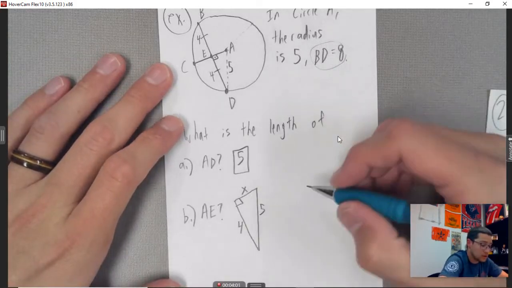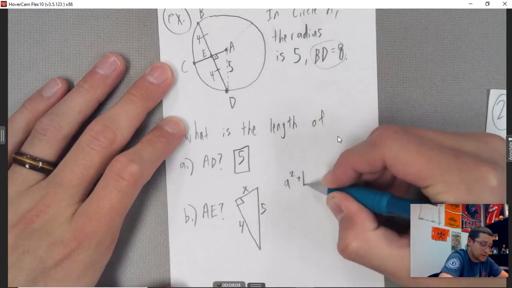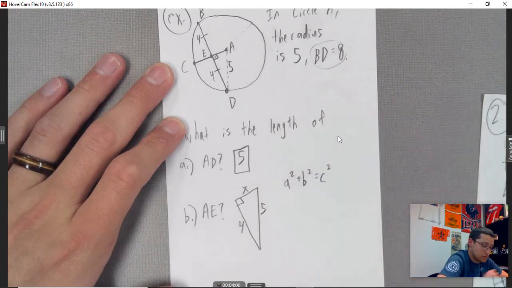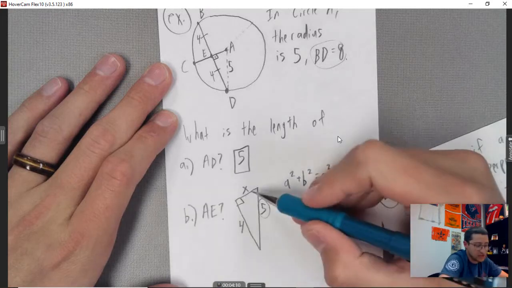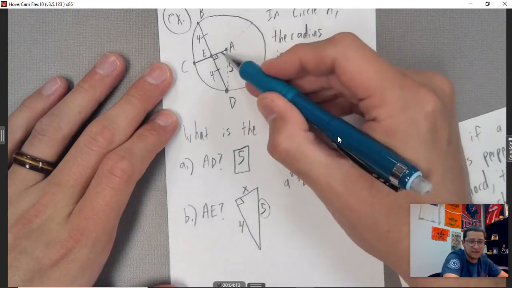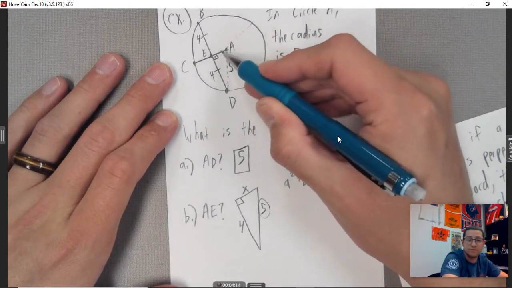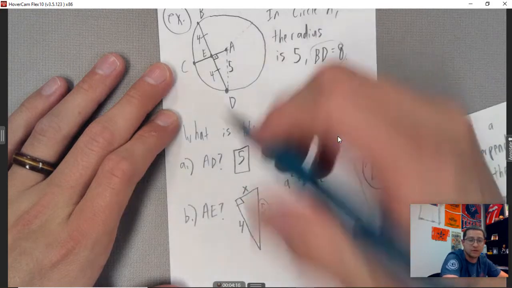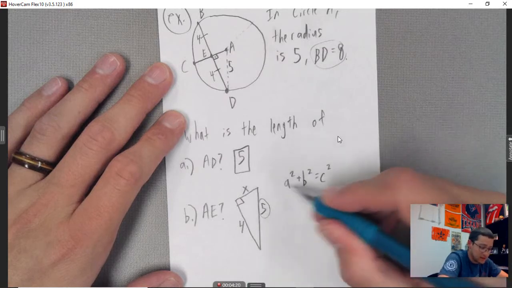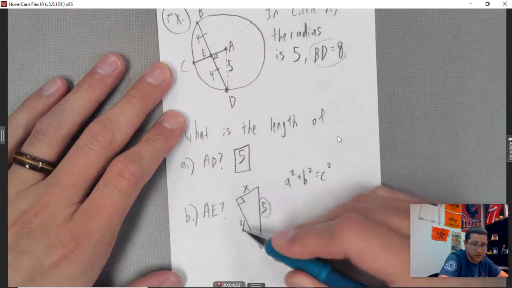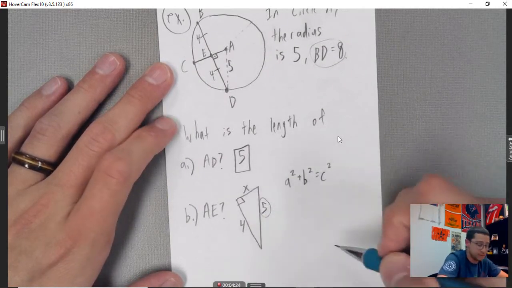A squared plus B squared is equal to C squared, where C is my hypotenuse. Once we find x, we have AE. A and B are interchangeable, but C has to be the hypotenuse.